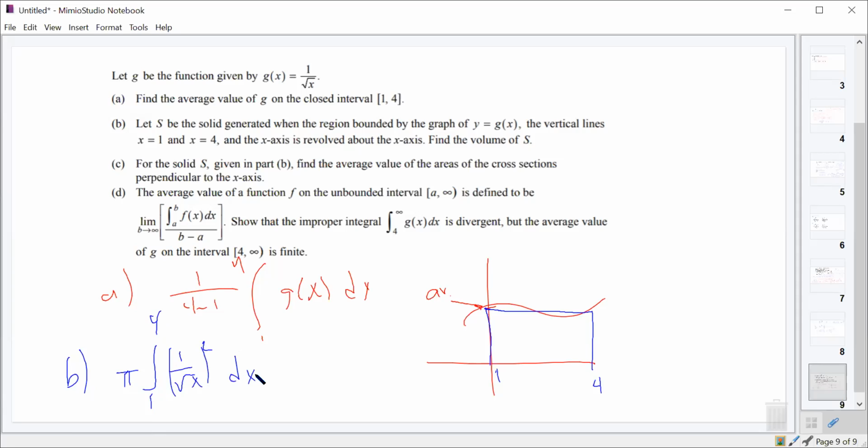And so that would be your volume. If this was on the AP test, you could just explain that these are circular cross sections that have a thickness of dx and that they have an area of pi times the radius squared. And so you sum together using an integral all of those little disks that are infinitesimally thin from 1 to 4. Does that make sense? That's what I would say if I was writing that one out. Yeah, it makes sense.